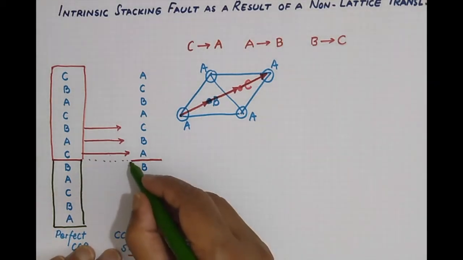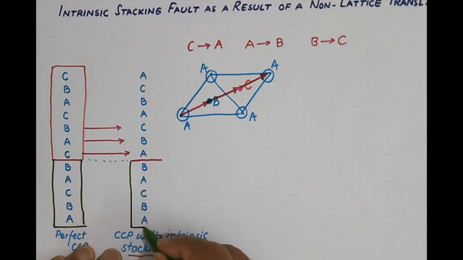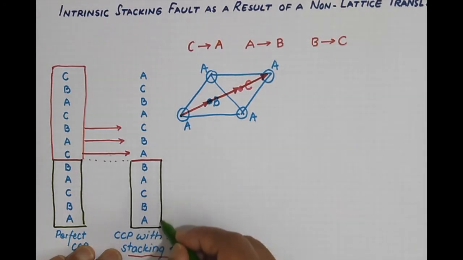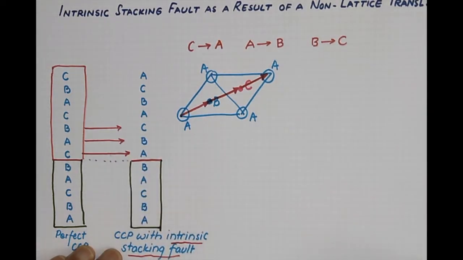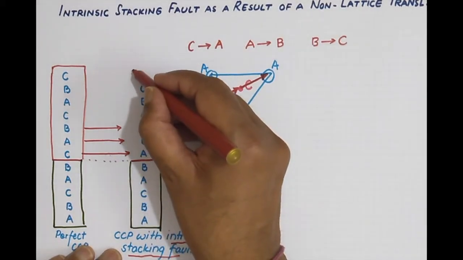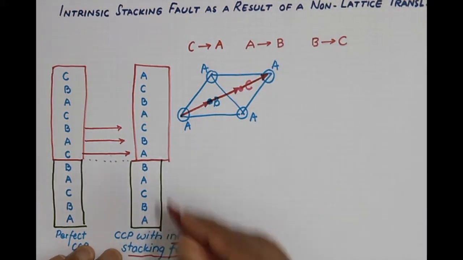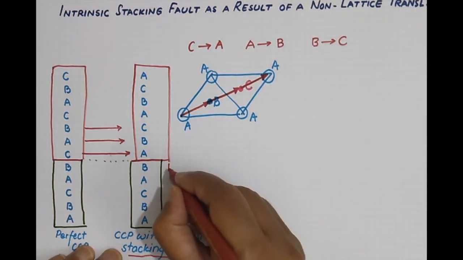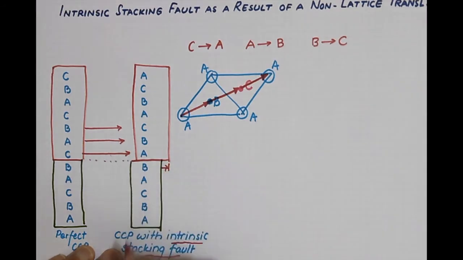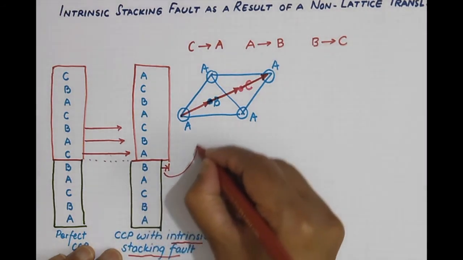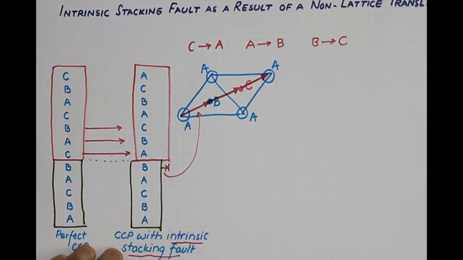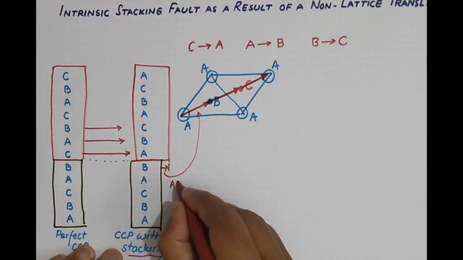And if I keep the lower green half fixed and translate the upper red half by this vector, so I have translated it by this vector, and this vector is nothing but A to B vector.